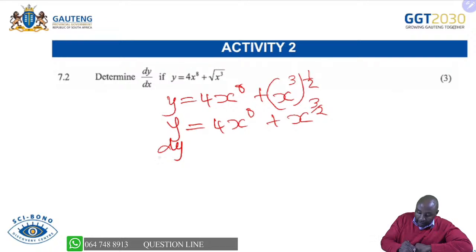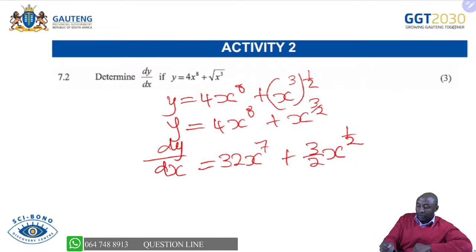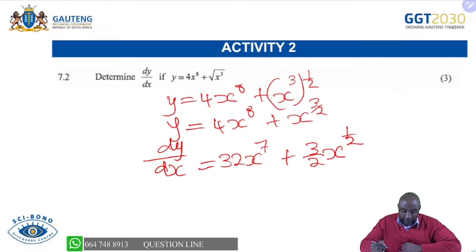Then we evaluate dy dx, and this will give us our answer as 32x to the power 7 plus 3 over 2x to the power half. So we will get, for changing the square root sign to exponential form, and then for each of the two derivatives we get our solution.